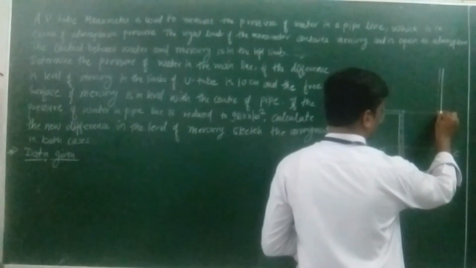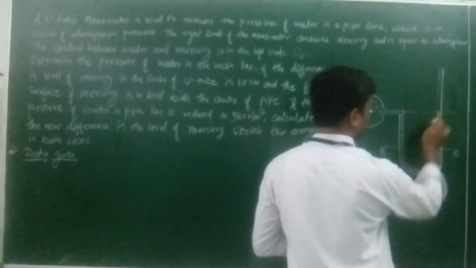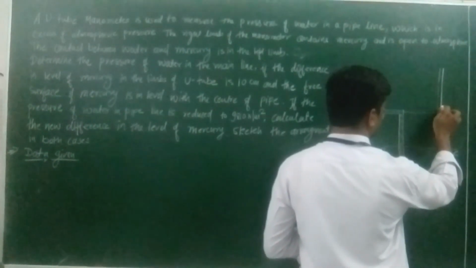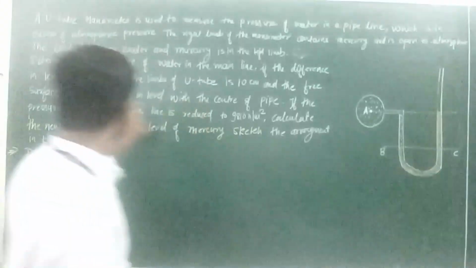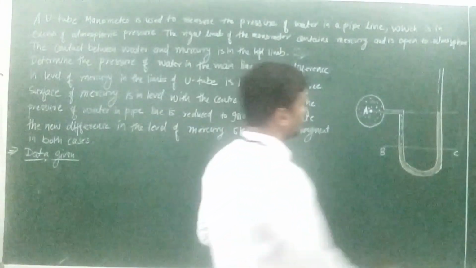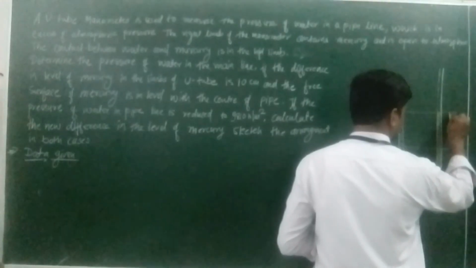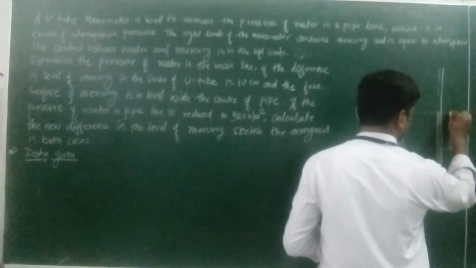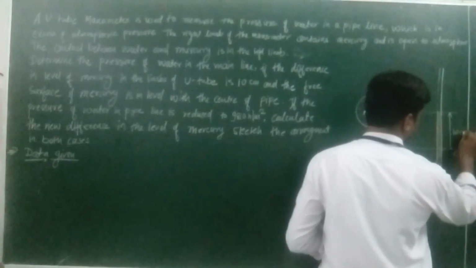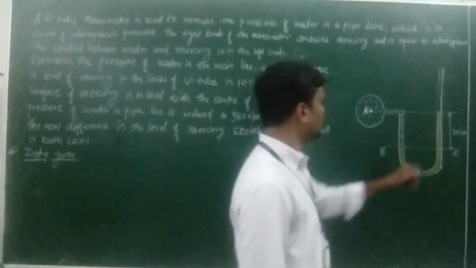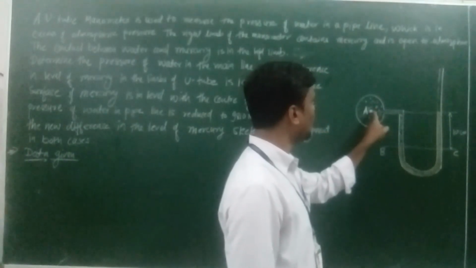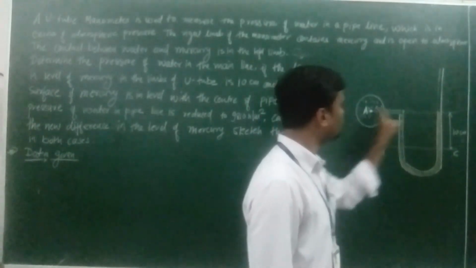then the difference of the mercury level in the left limb is 10 centimeter. So this is the 10 centimeter. This is the distance of 10 centimeter, and this level must be lying on the center of the left limb.